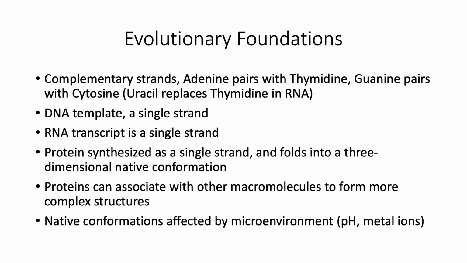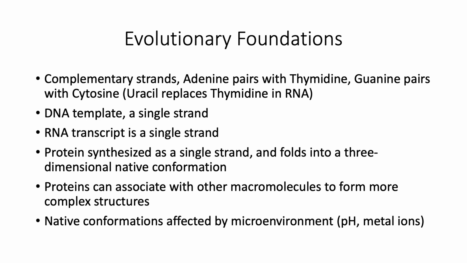The protein is synthesized as a single strand, and as the protein is synthesized, it will fold spontaneously into a three-dimensional native conformation. In some cases, the protein is a monomer unit. There are multiple units. They can be 2, 3, 4, and those will associate with each other through a variety of different means, usually ionic or coordination bonds.